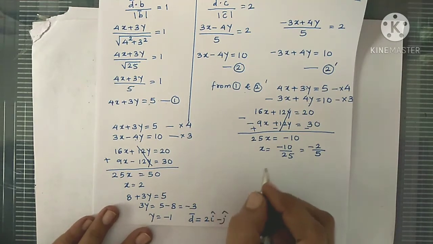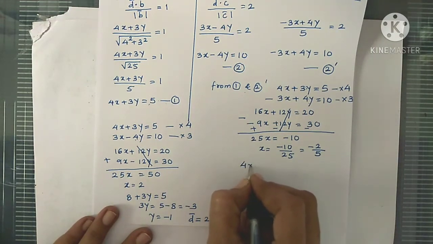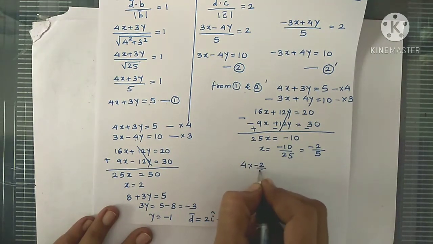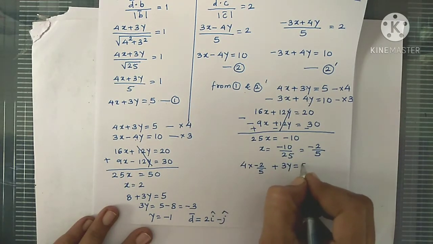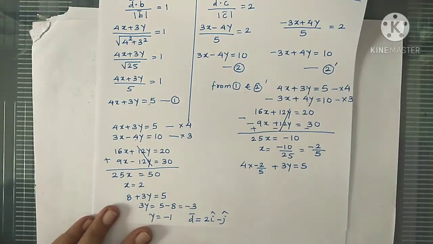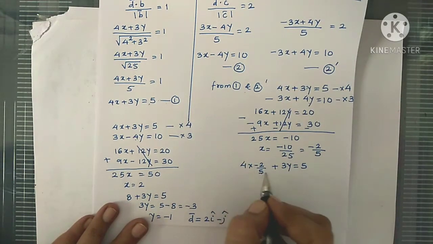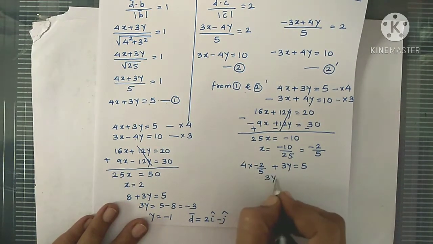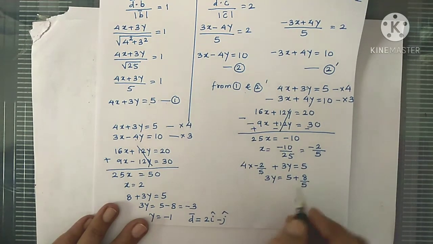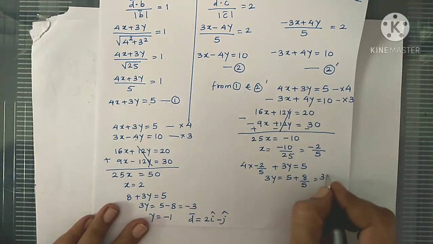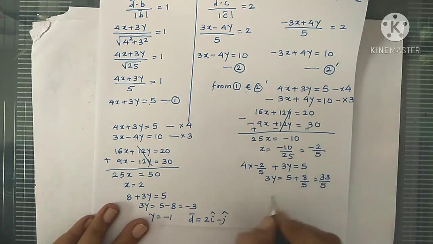And substituting this in first equation, we get 4 into minus 2 by 5 plus 3y equal to 5. So this will be minus 8 by 5, and transferring to right hand side, that will be plus 8 by 5. So 5 into 5, 25 plus 8, that is 33 by 5.